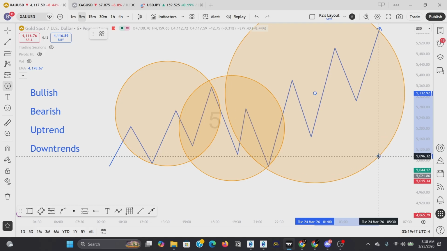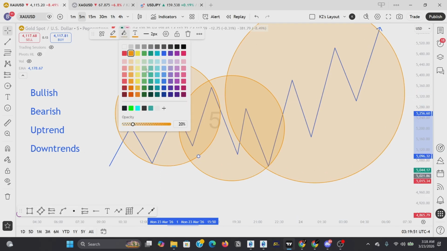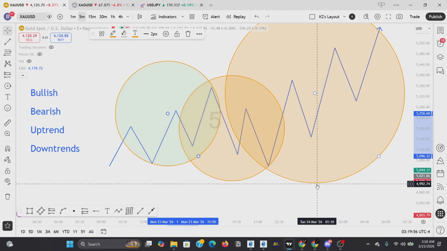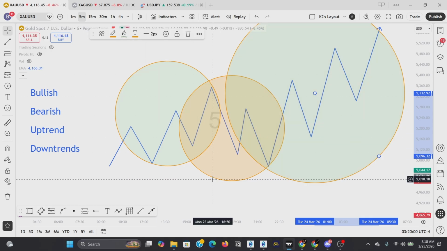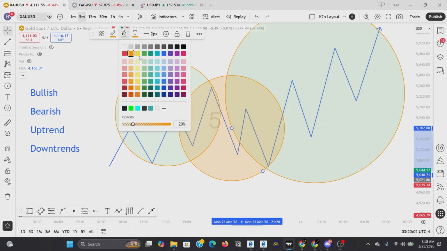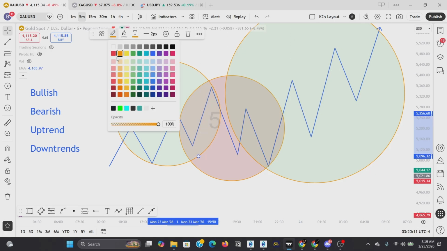This is an uptrend. So I'm gonna mark the uptrends with green circles. Uptrends are green circles. Downtrends are red circles. The downtrends are the red circles.